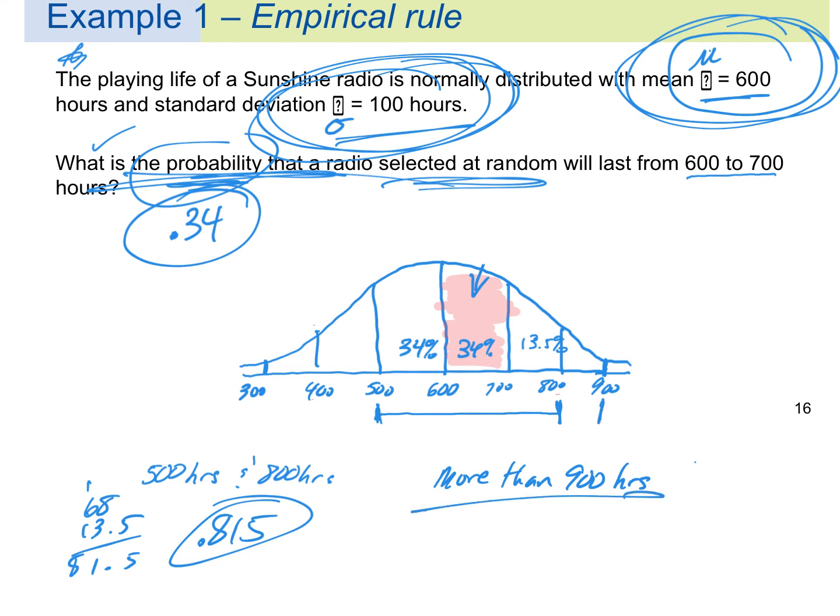Well, if this is 900, more is to the right of it. And remember, this was the 0.15%. So therefore, as a probability, it is 0.0015. Okay? So ladies and gentlemen, that is chapter 7.1.